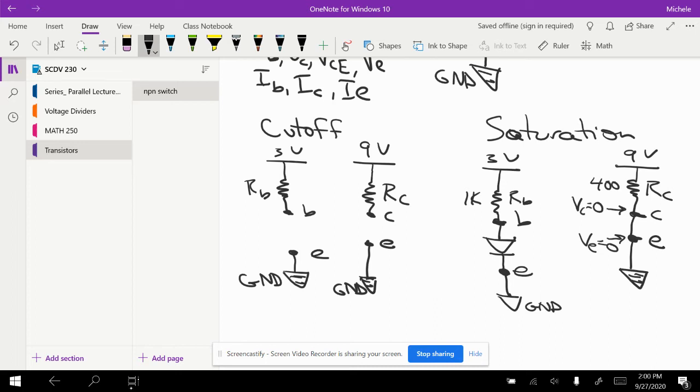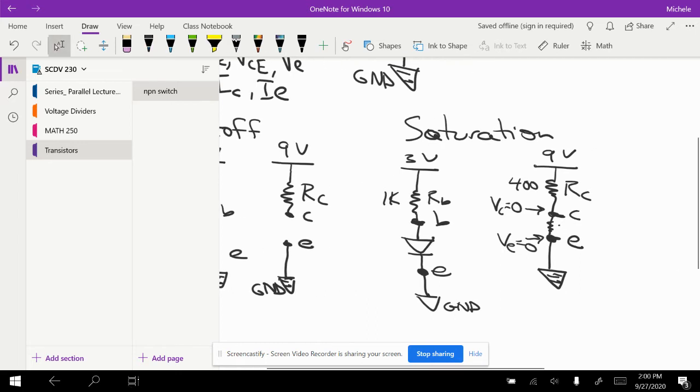So imagine there's like a little resistor, then VE is going to be still 0, but VC is equal to 0.3 volts, right? So if they don't specify a voltage used, you can assume it's 0.